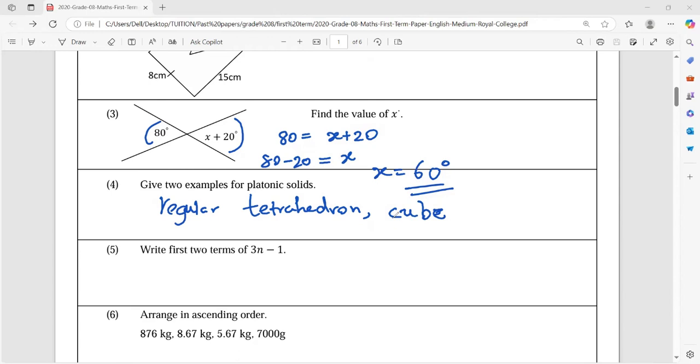The requirements are as follows. All the faces must be regular, identical, regular polygonal shapes. Right? All the faces must be identical, regular polygonal shapes. And the number of faces meeting at every vertex must be equal.